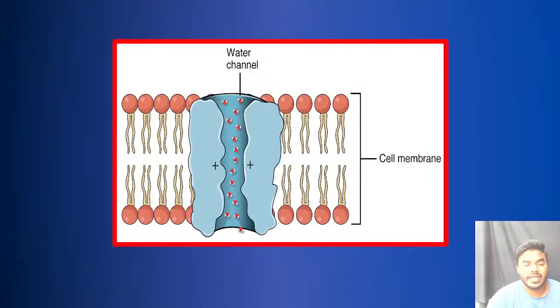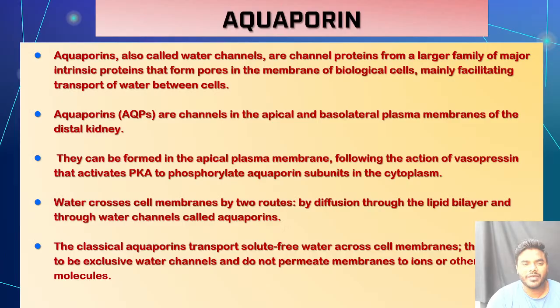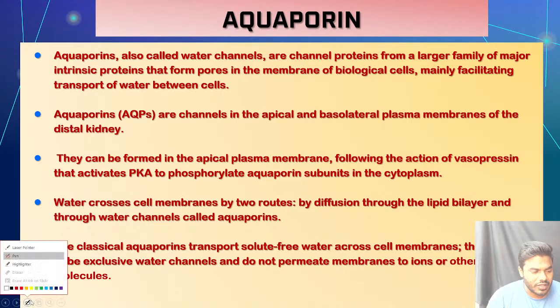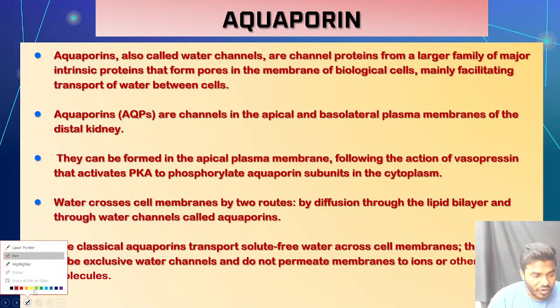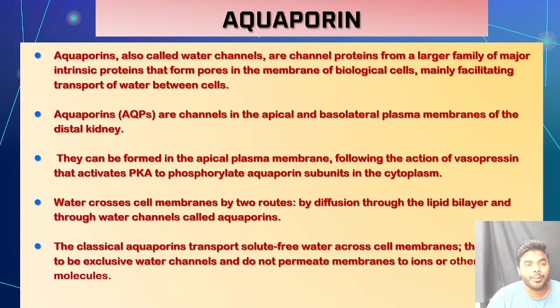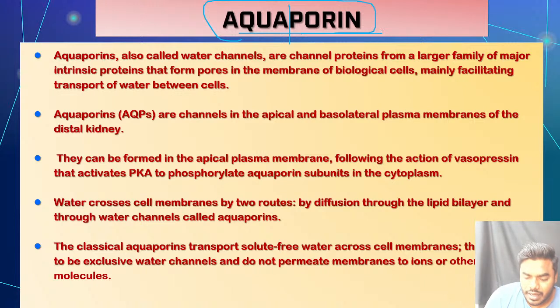Before going to xylem and phloem transport, I want every one of you to understand another transporter. What is that, friends? Aquaporin. You know, right? Aqua, water; porin, channels. Aquaporins are also called water channels. They are channel proteins. They form a large family of intrinsic proteins.